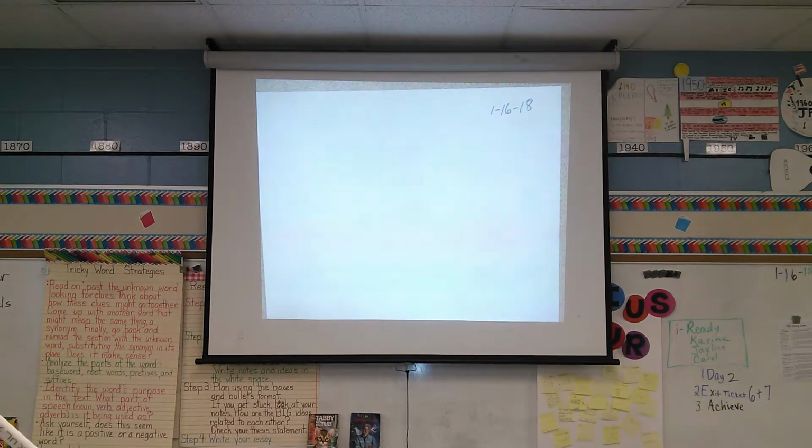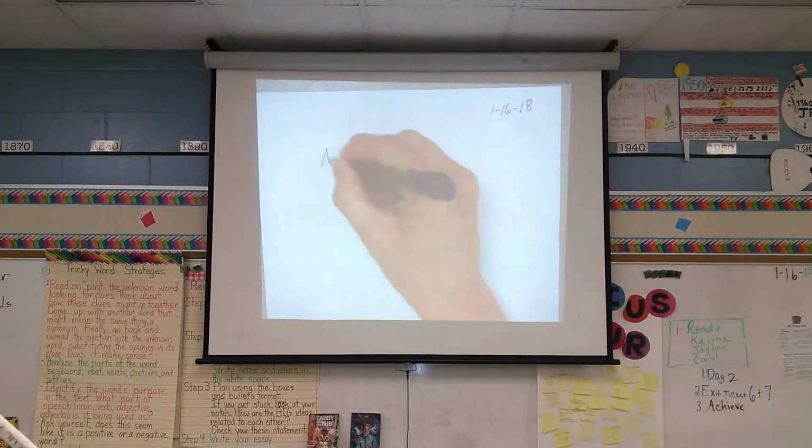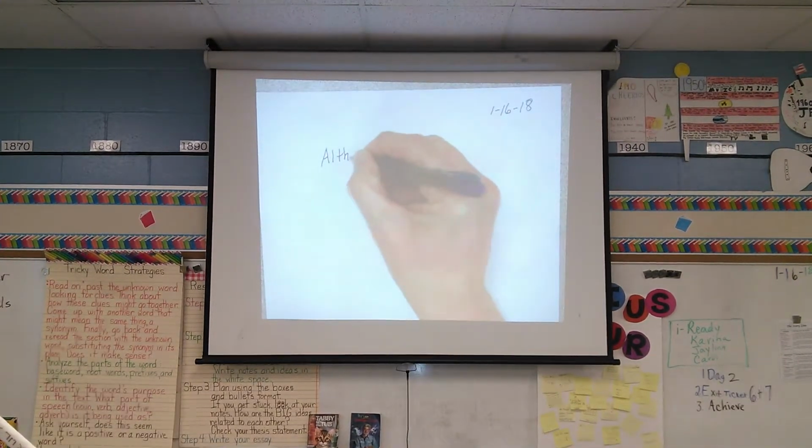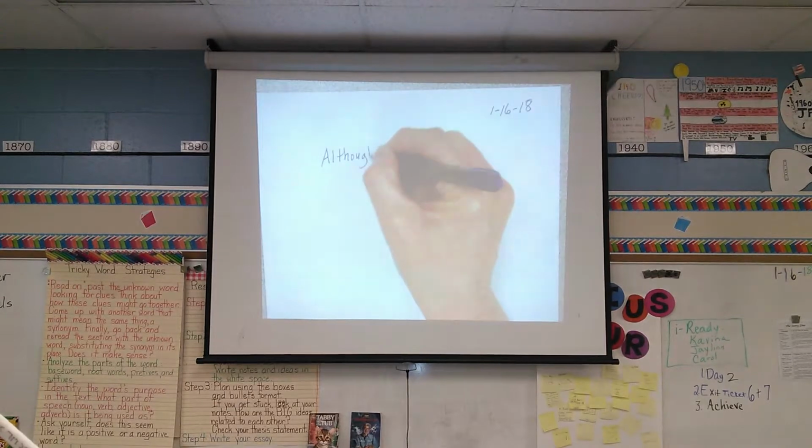Finding the similarities, comparison, and the differences, the contrast between flavoring food in the 1400s and flavoring food today, what it is like. So our thesis statement, and you are welcome to use the same thesis statement.